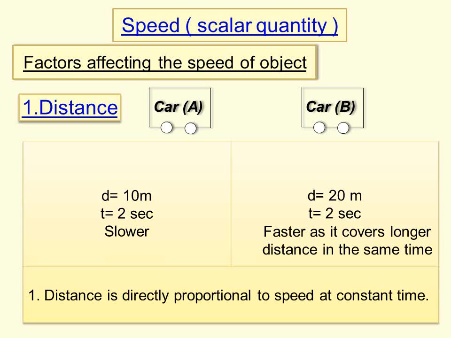So car A is slower and car B is faster as it covers a longer distance in the same time. So as the time increases, the speed will decrease. Distance is directly proportional to the speed at constant time.